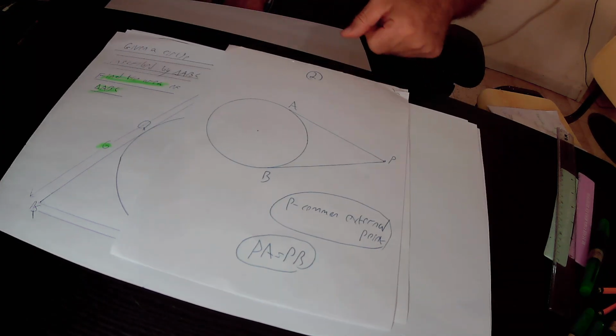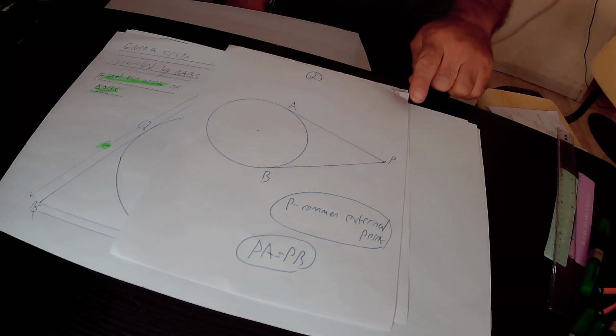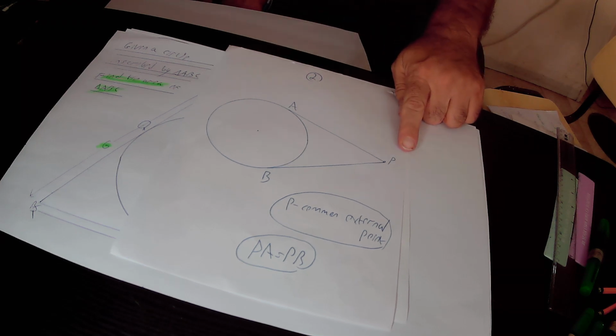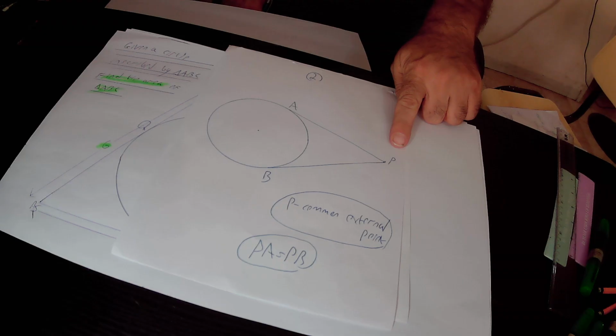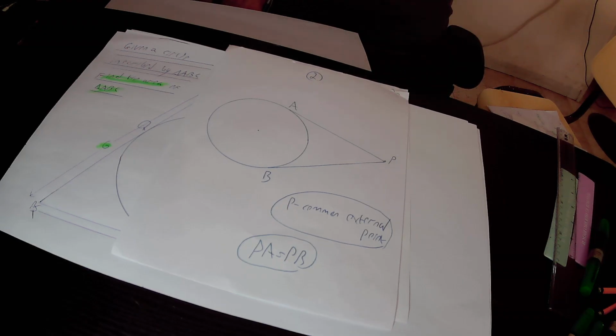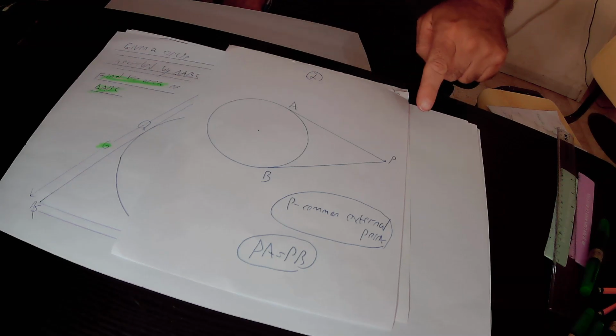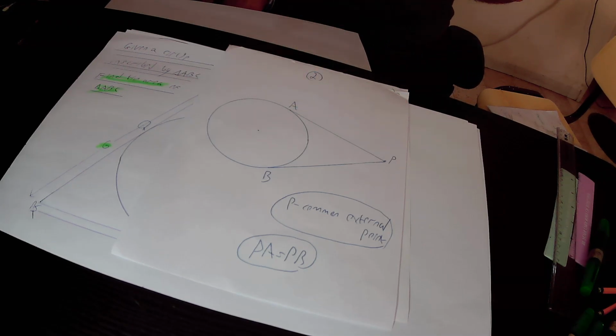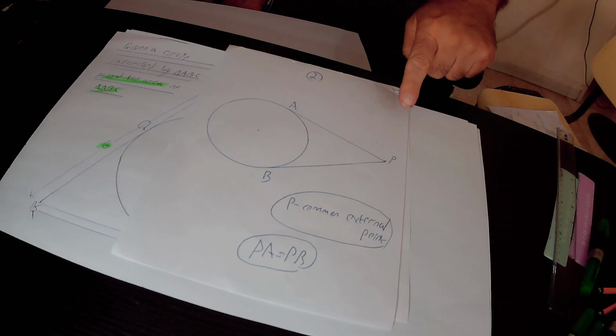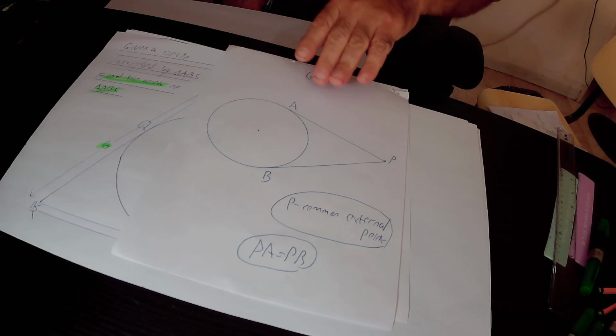So in the drawing, we have a circle. This is the common start point P. From this common start point P, we have two tangents to this circle, tangent PA and tangent PB. According to rule 2, they are equal to each other. That is to say, PA equals PB.